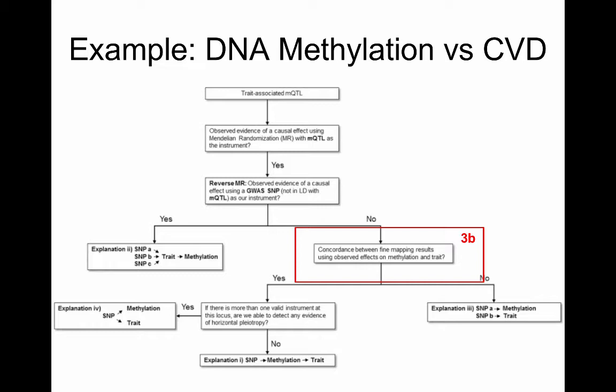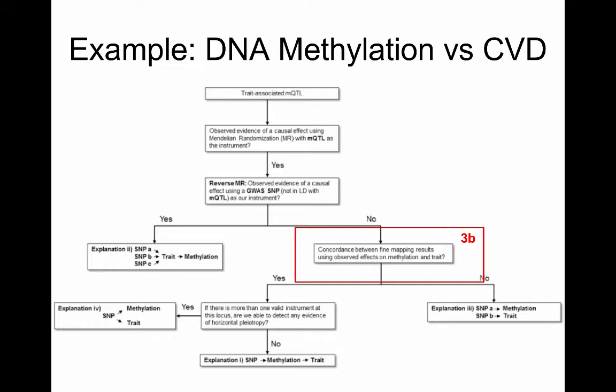So we follow the no arrow, and here is where the authors talked about fine mapping. Fine mapping is not really the focus of our course, but essentially it is a technique that you can use with high-resolution genetic data to estimate the probability that your SNP is in fact the causal variant in that region. And you can do that for multiple causal variants. The authors used this technique to rule out the explanation that said they're actually separate SNPs.